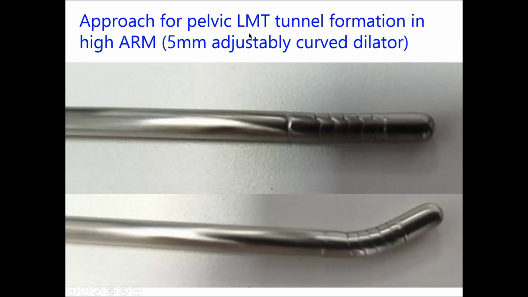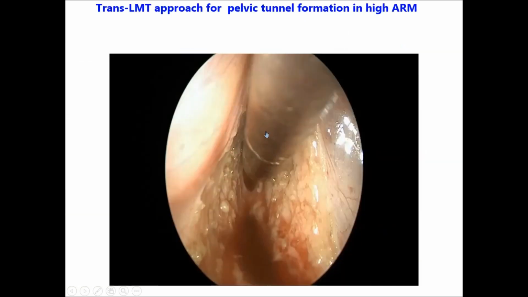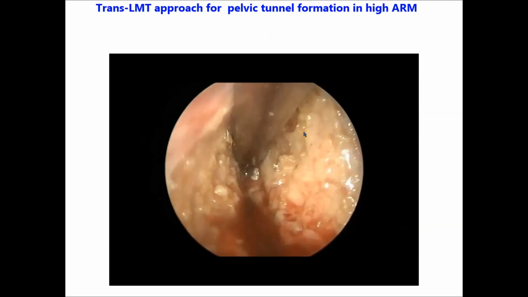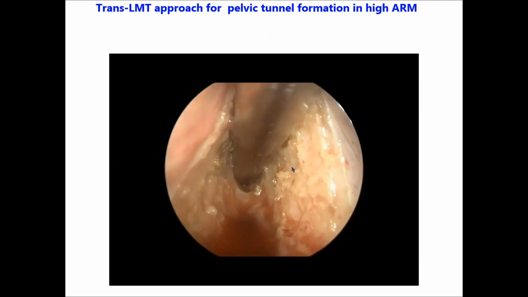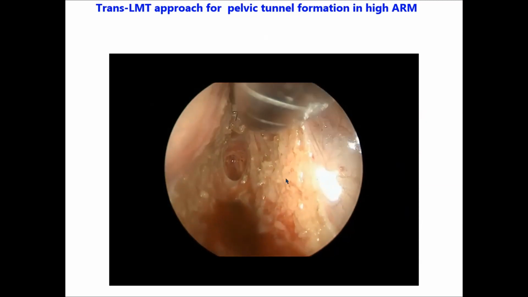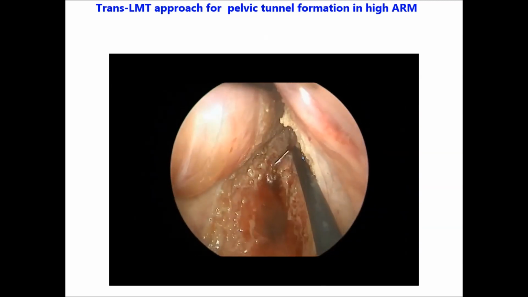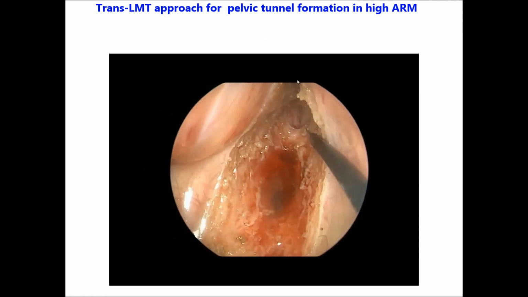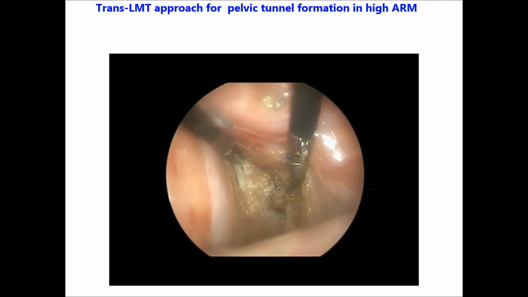For the approaches for the pelvic longitudinal muscle tube tunnel formation in high ARM, we use the adjustable curved dilator. After closure of the rectourethral fistula, the dilator was introduced from the umbilical port, and the tunnel was developed along the posterior urethra.